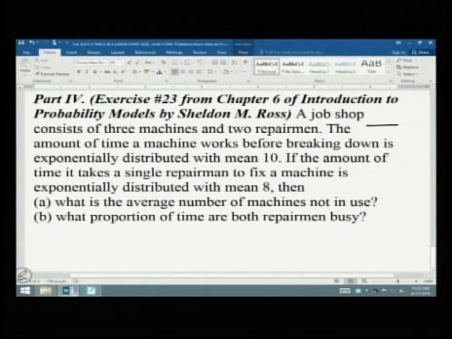And then, okay, this repair shop has 3 machines. Okay, and then 2 repairmen. So we may think this way: this Markov chain model consists of 3 customers and then 2 servers. Okay, does that make sense?